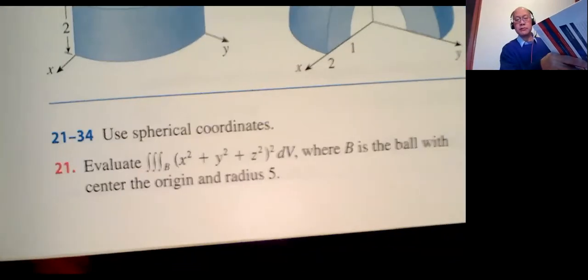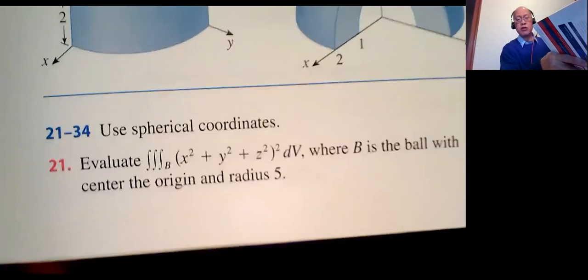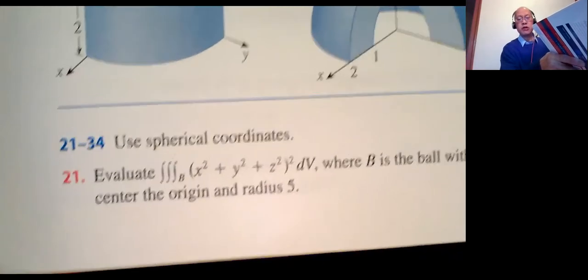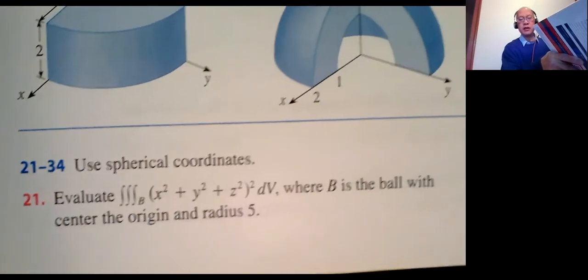All right, so evaluate the integrals using spherical coordinates. 21, triple integral over B, x squared plus y squared plus z squared dv. B is a ball, center at the origin, and radius 5. All right.